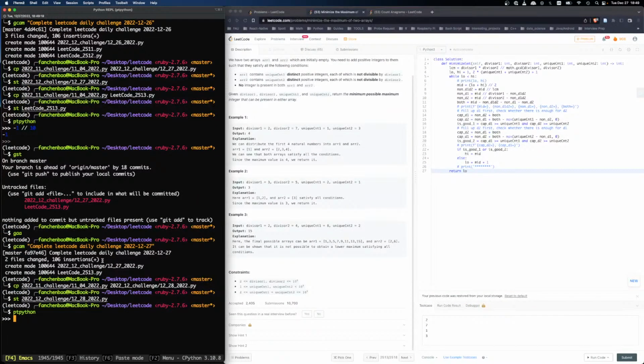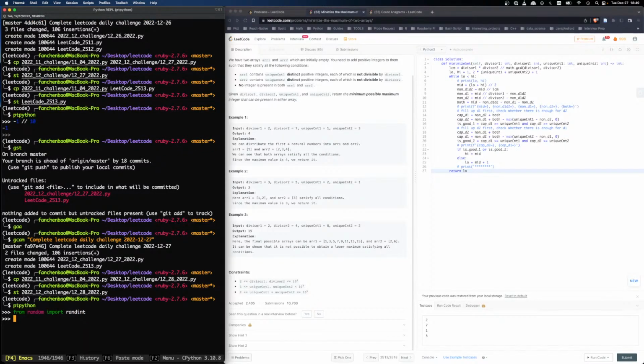All right. What are we doing? From random import randint. Okay. Now what? We want a divisor 1, divisor 2. Both have to be this. That's okay. We just say for this in range, here's 50 test cases for this. I have confidence, but just randint.